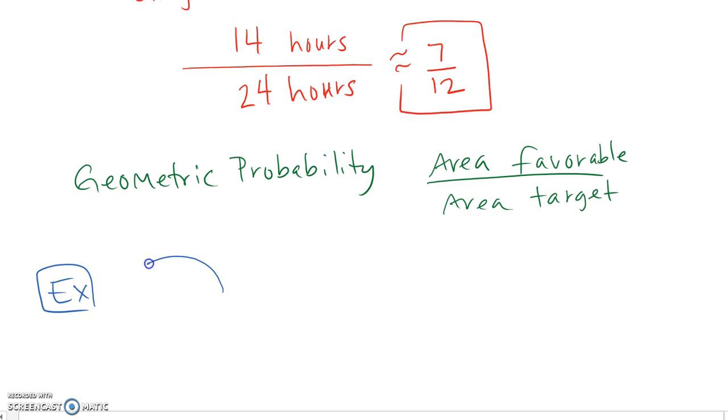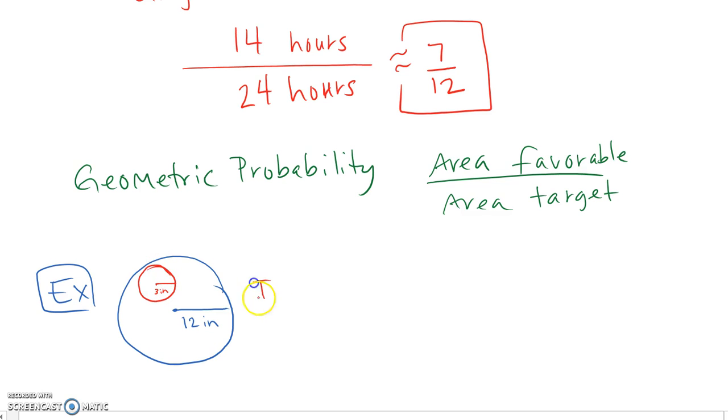I have a circle target. We'll say it has a radius of, I don't know, 12 inches. Inside that, somewhere, I have another circle. This has a radius of like 3 inches.